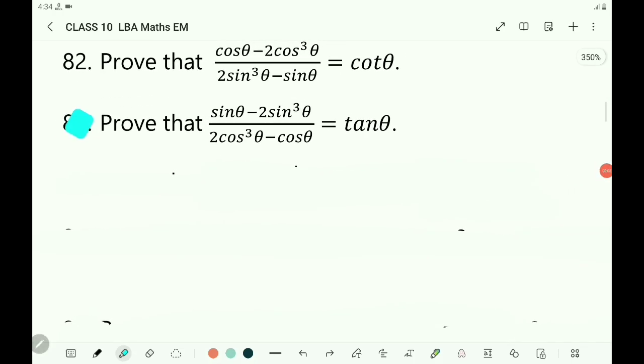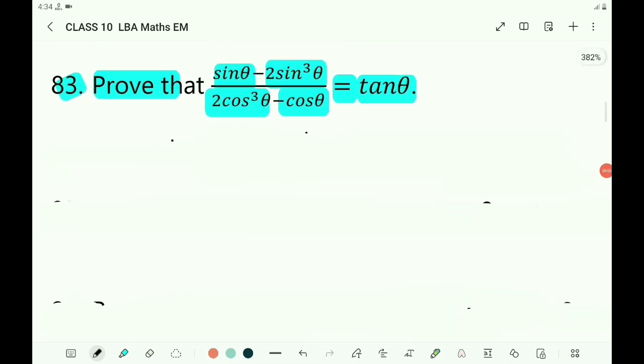Question number 83. Prove that sin theta minus 2 sin cube theta by 2 cos cube theta minus cos theta is equals to tan theta. This is same as the question number 82. The solution steps are same. Now you write the LHS.